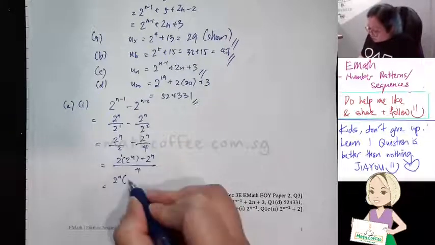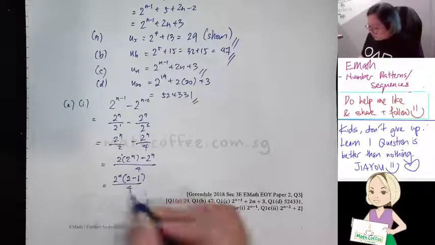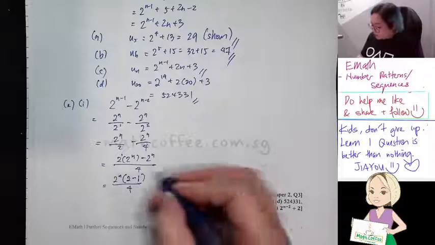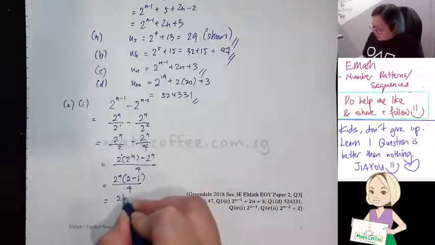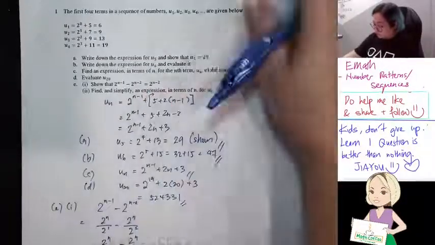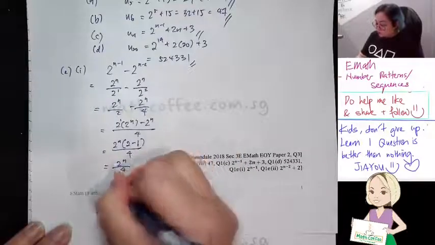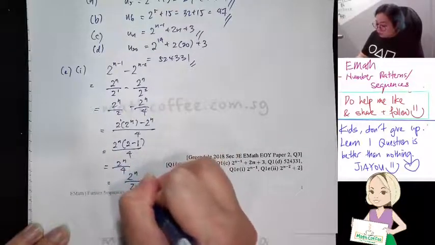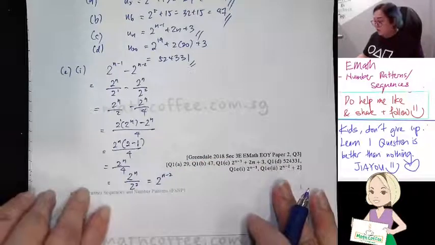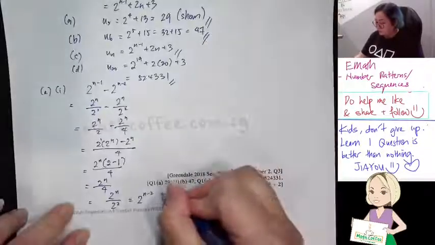I'm left with 2 minus 1 over 4. And 2 minus 1 is just 1. So it becomes 2 to the power of n over 4. You see, they want me to prove it to be base 2 only. So what I can do is change my 4 to base 2. So it becomes 2^n over 2^2, which is 2^(n-2). Which is exactly what they asked me to prove. Agree? Shown.